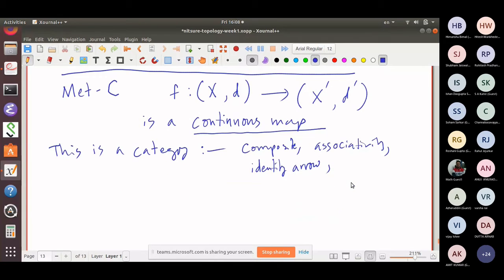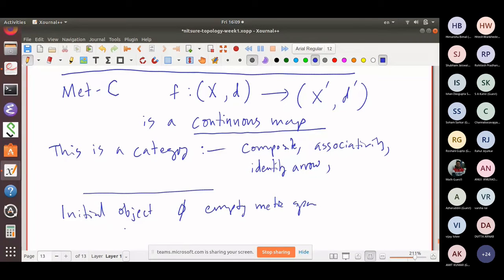I think that's about it. So in this category, what do you have? Initial object, it's still the empty metric space. Terminal object, the singleton metric space.